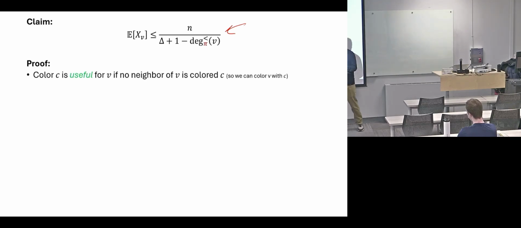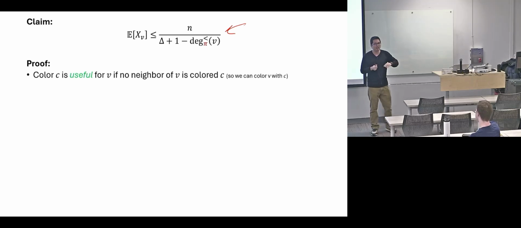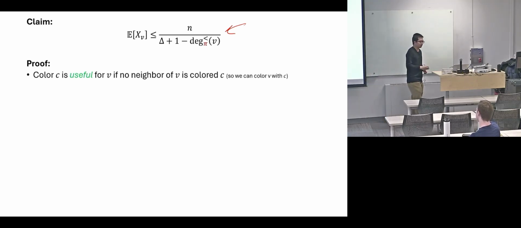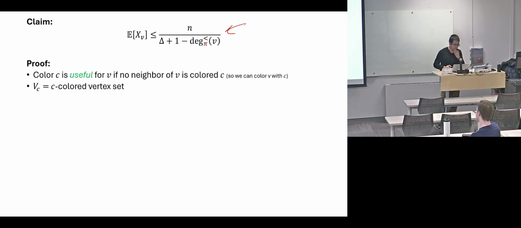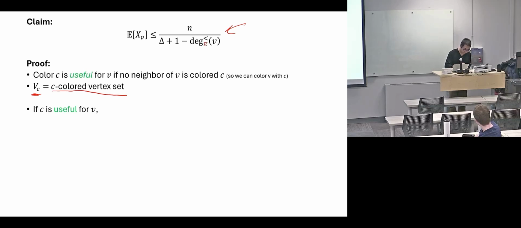That is, if I sample a color C, then I can color this node with C. Otherwise, if some neighbor already used this color, then it's not useful. And VC is just the vertex set that has color C.